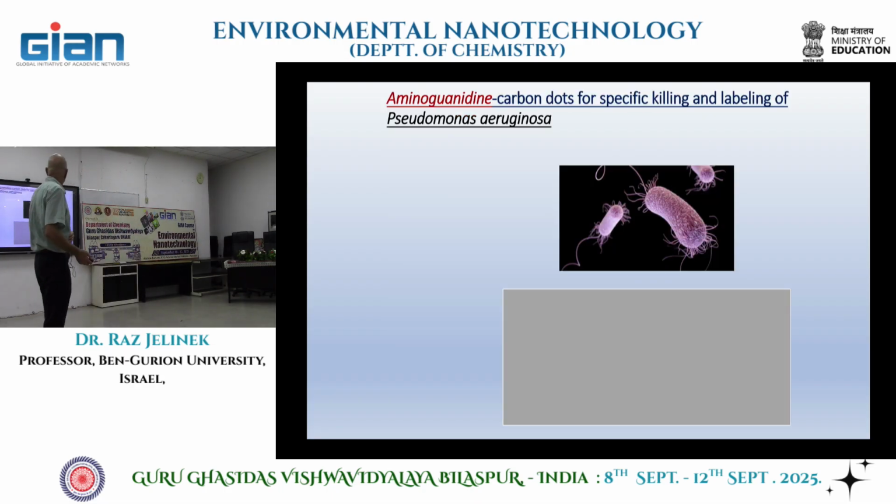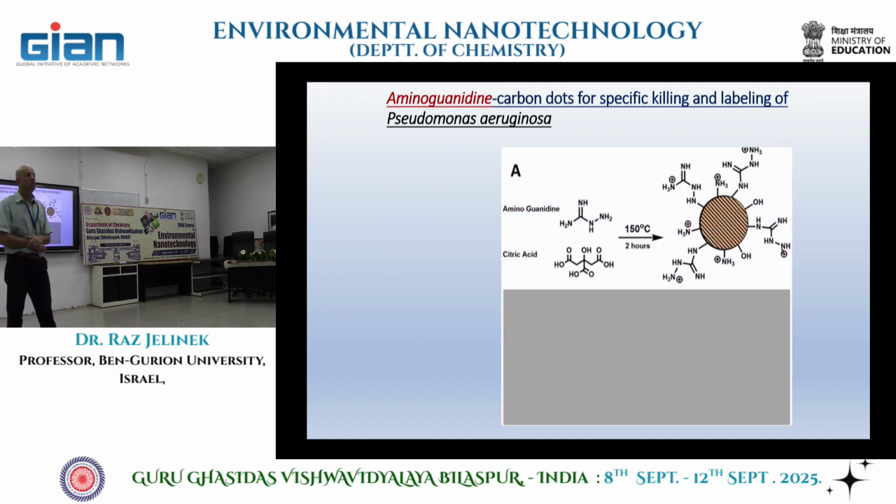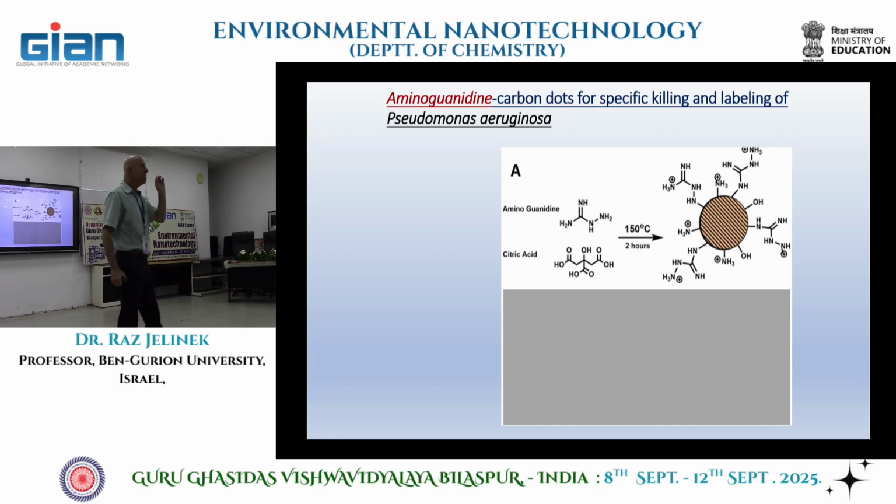So what are we going to do with this? What we can do is make carbon dots with a special surface. Remember, the way we make carbon dots is that we take some carbon source and we heat it to about 100 degrees or 150 degrees.